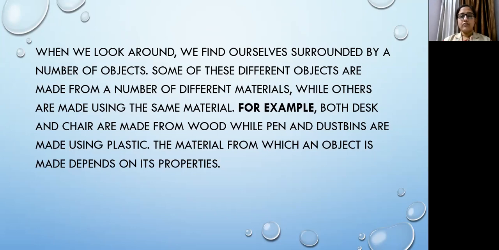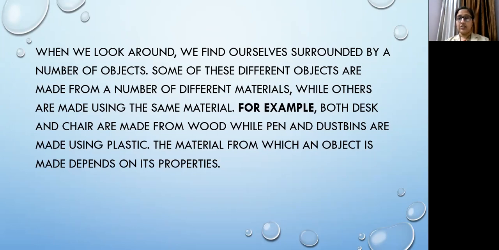The material from which an object is made depends on its properties. Here it's written that we find ourselves surrounded by a number of objects. Just now we have seen so many examples of a variety of objects around us.